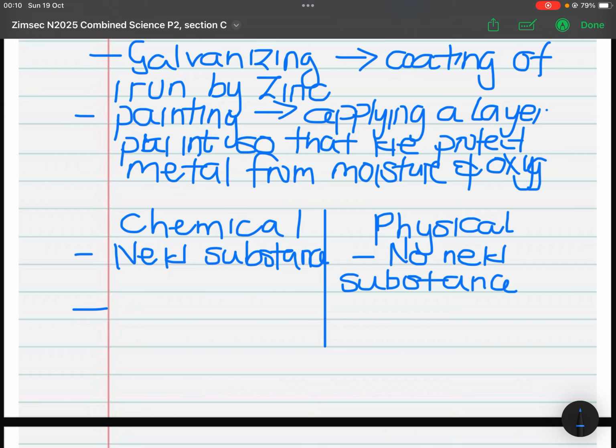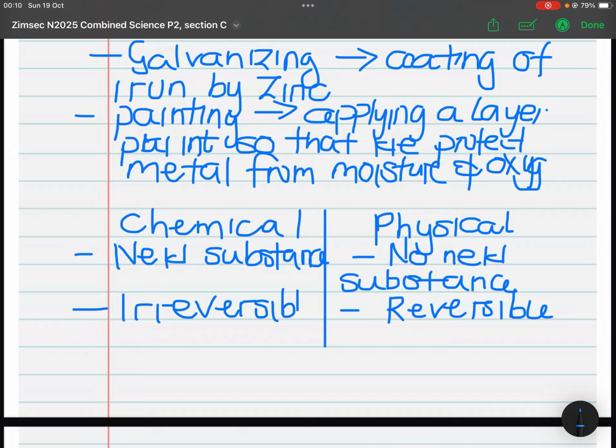And another difference: a physical change is reversible, but usually a chemical change is irreversible. So these are two differences between a chemical change and a physical change.